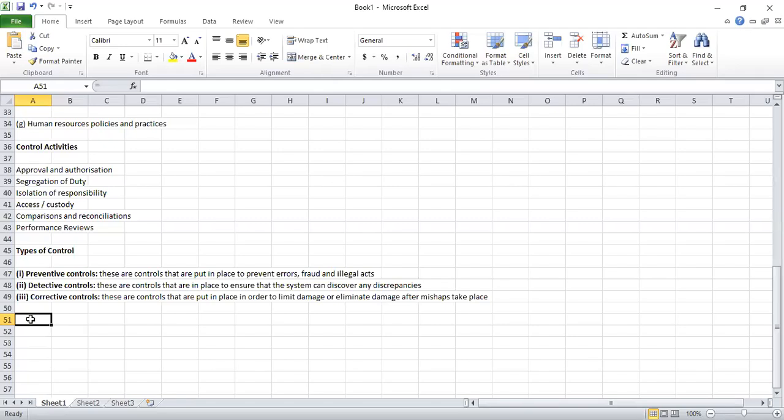So when we are talking about corrective controls, we're saying something has happened. How do we, at the end of the day, rectify the situation so that we can operate normally again? So this is one way in which we can differentiate our controls. The other way is to talk about general and application controls.